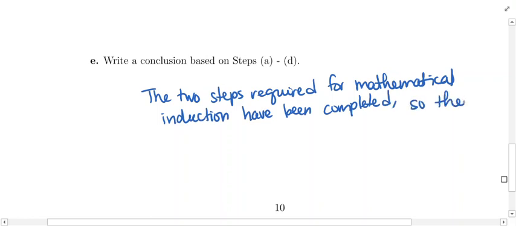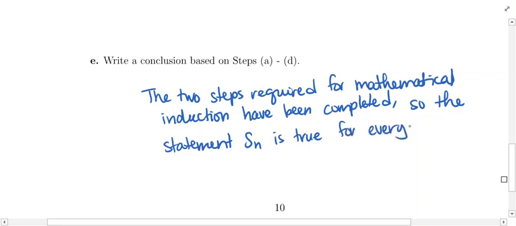So the statement Sn is true for every counting number n. The proof is done.